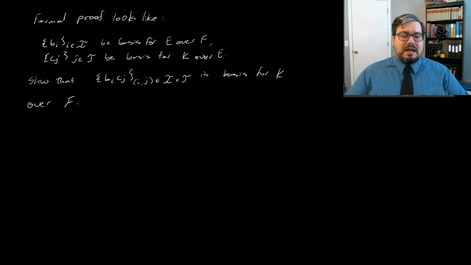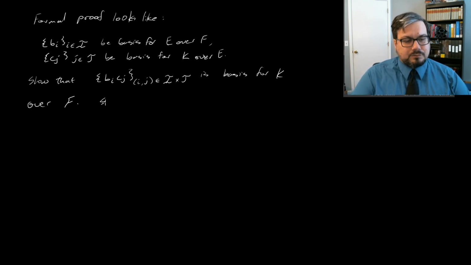You prove that they're linearly independent by using the fact that the c_j's are linearly independent, and then that the b_i's are linearly independent, and you show that this set spans K as an F vector space by using the fact that it spans K as an E vector space, and then every element of E lies in the span of the b_i's as an F vector space, and so forth and so on.